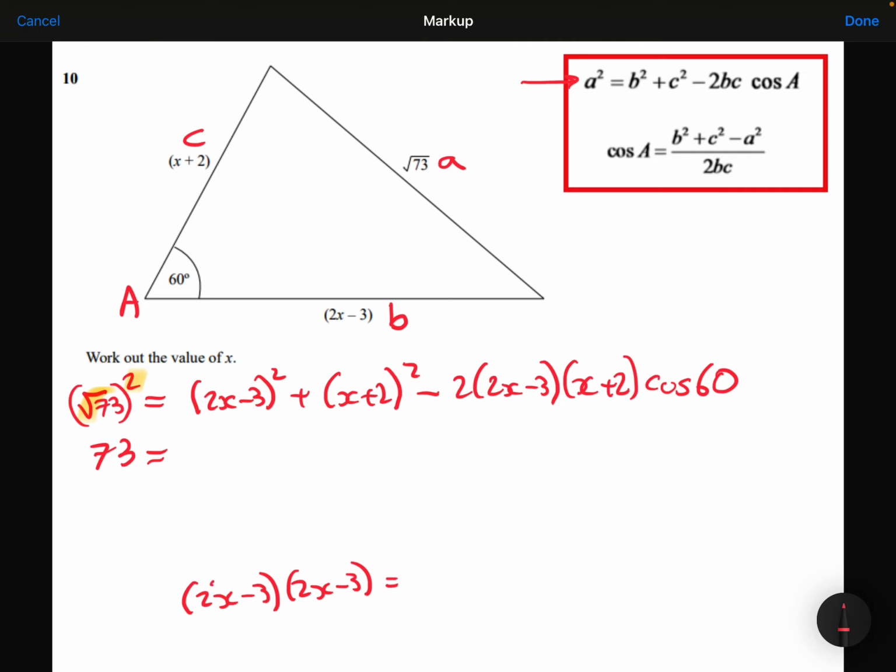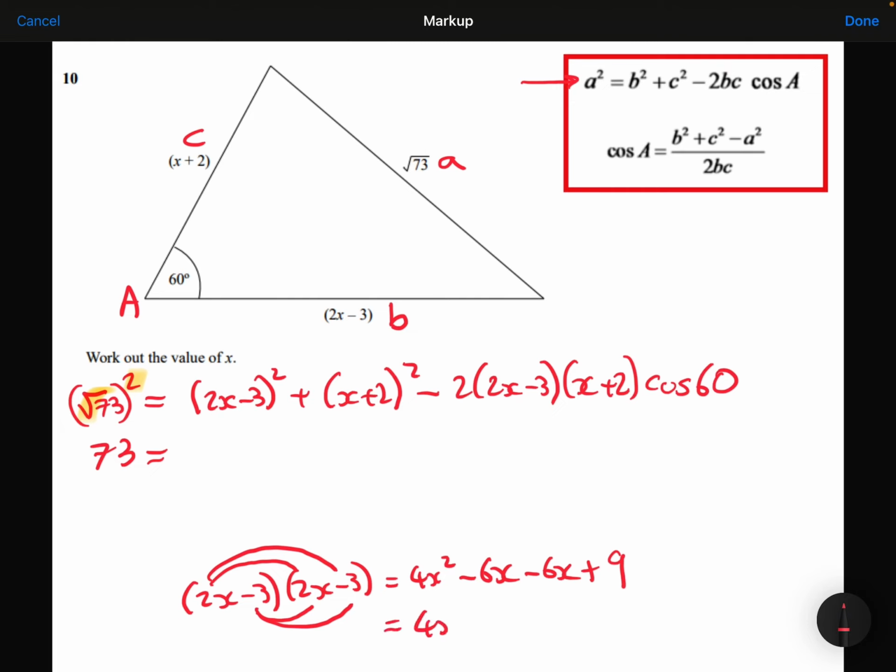So we're going to do 2x times 2x is 4x squared. 2x times the minus 3 is minus 6x. Minus 3 times 2x is minus 6x. And the minus 3 times the minus 3 is plus 9.